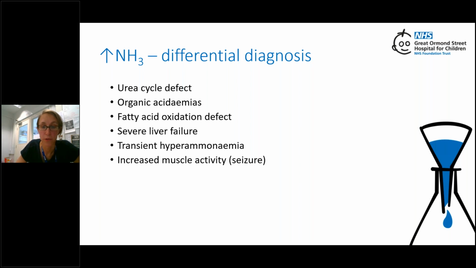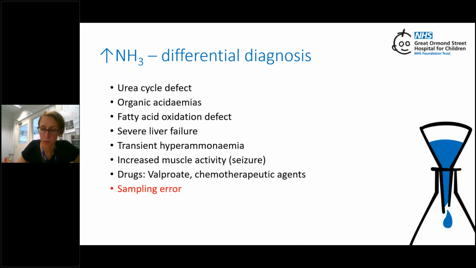For example, in a post-ictal state, you do sometimes see an ammonia that goes up to like 200. Also drugs can interact with the urea cycle, such as valproate, the typical drug that can give you a raised ammonia, but also chemotherapeutic agents, like vincristine or asparaginase.